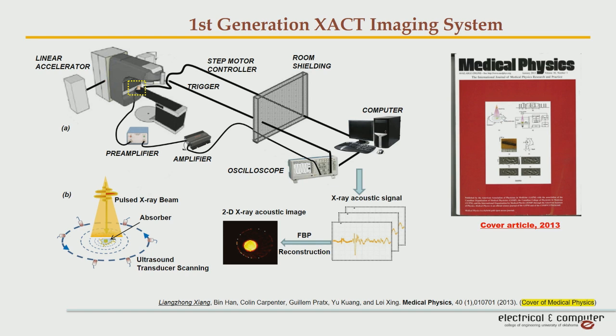It's simple. We have this X-ray source, which has around a 5 microsecond pulse as the excitation source, and we generate this ultrasound wave in a very low frequency range. We just used a commercial transducer, around 500 kilohertz, to get the signal. That's the first demonstration. And then we quantified the relationship between the dose and ultrasound output.